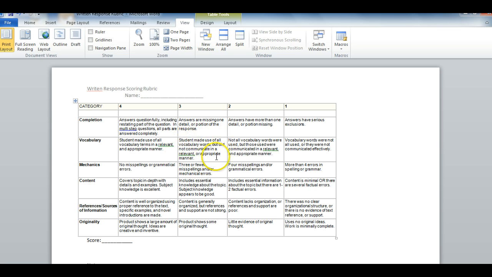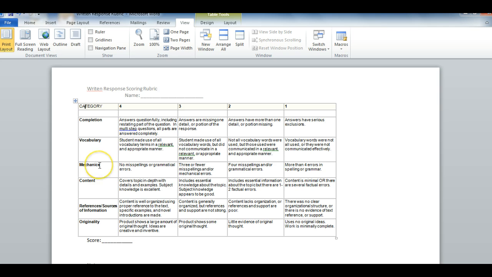And here, it made use of all words but did not communicate in a relevant way. That means you missed a few explanations or examples. Maybe you missed a few vocabulary words, but you used them appropriately, you would get a 2. And if vocabulary words were not all used, or they were not effectively communicated, that would be the lowest score.